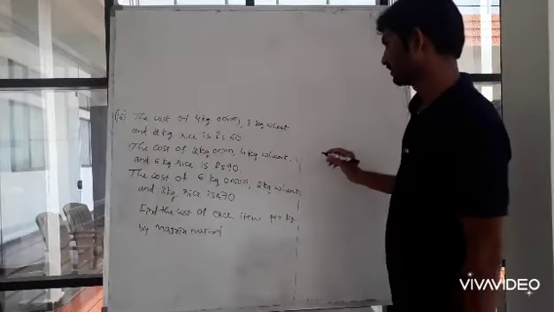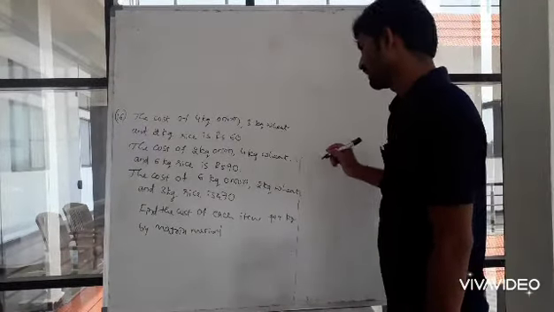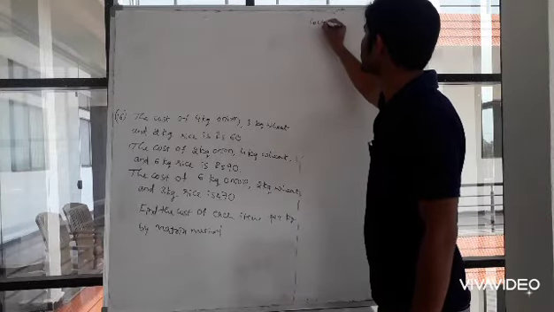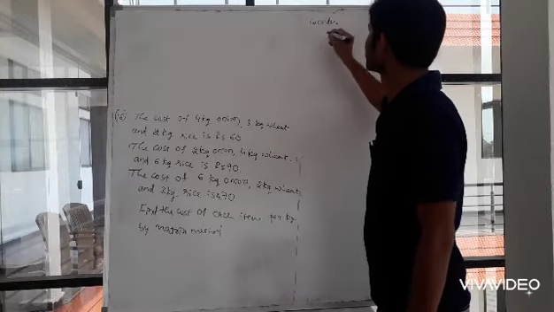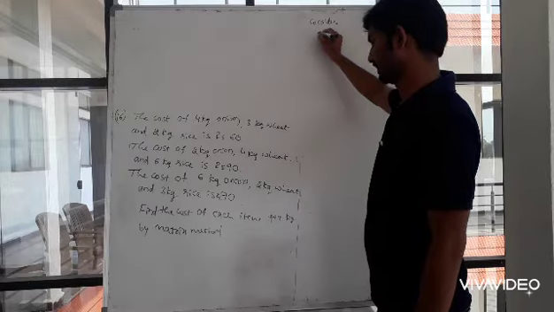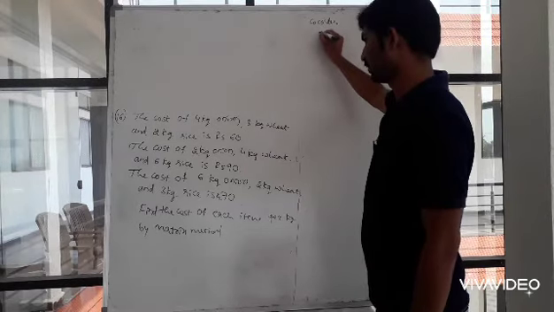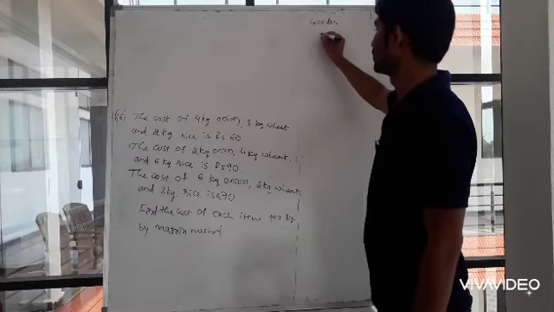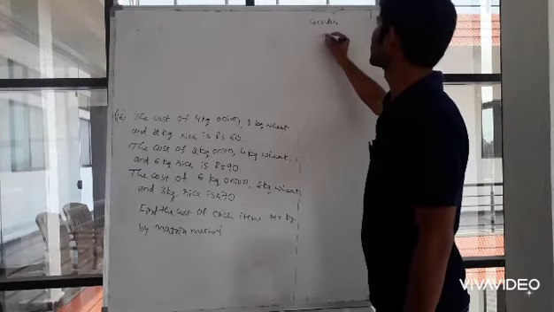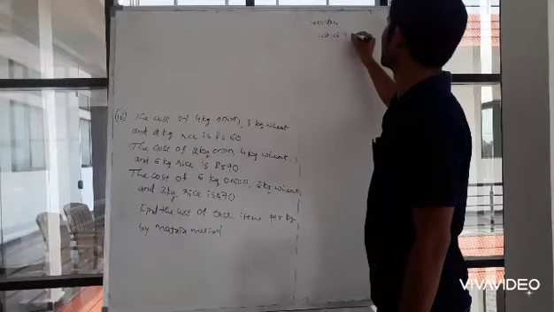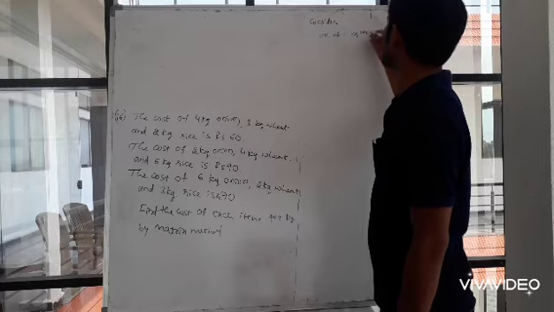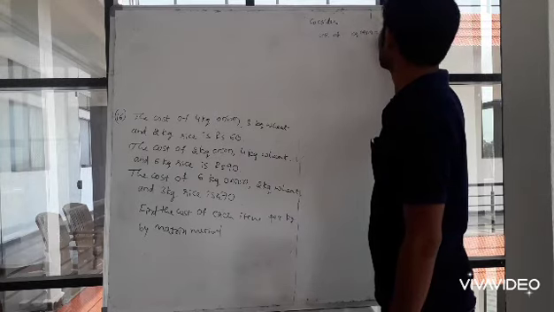Let us consider the cost of 1 kg onion is equal to x rupees.